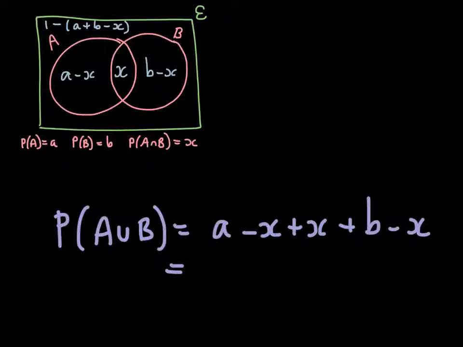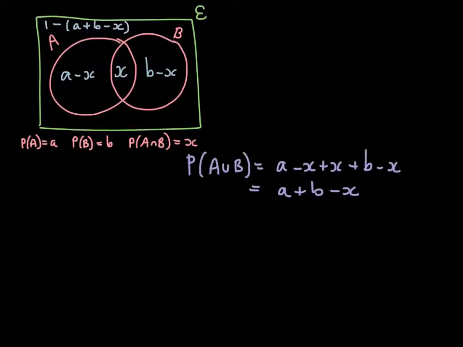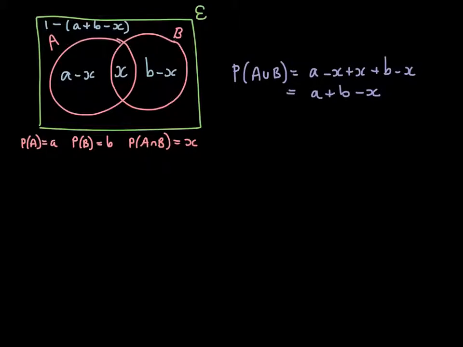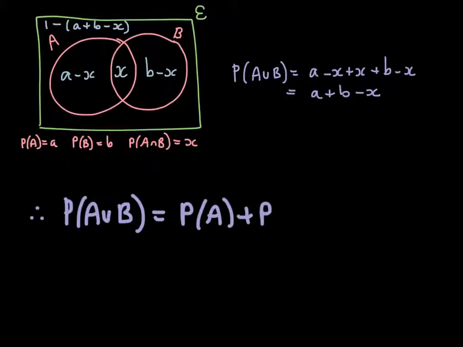And if we tidy all that up, these minus x plus x would cancel. So it leaves us with a plus b minus x. And then, if we replace those a's, b's and x's with probability of A, probability of B, probability of A intersection B, it leads us to this formula.